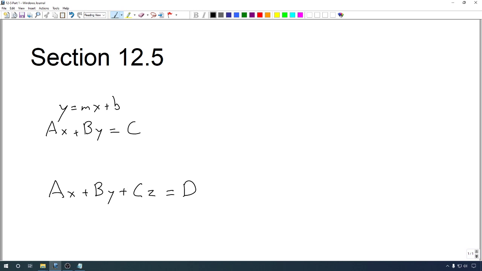To talk about lines is a little bit more complicated. If we're actually going to get the equation of a line, it helps to think about how we got our slope-intercept form for the line in two-dimensional space.